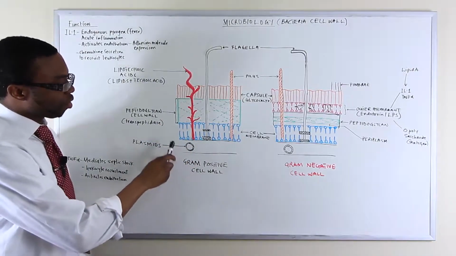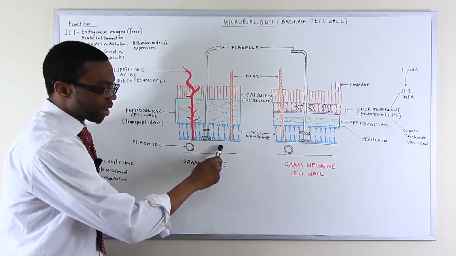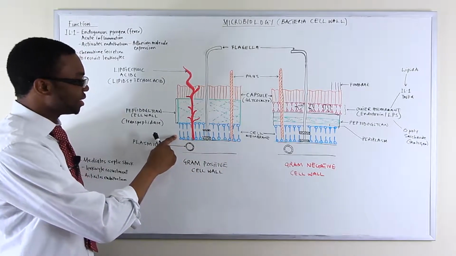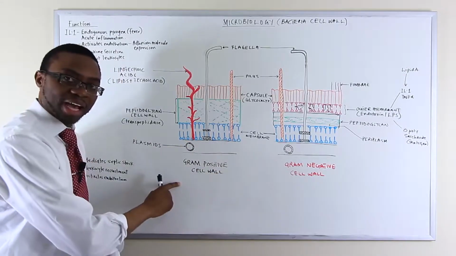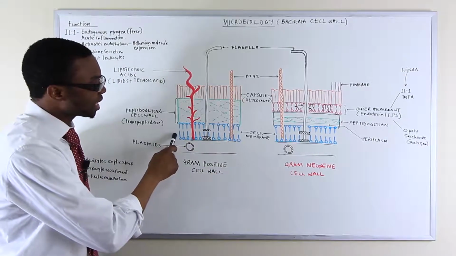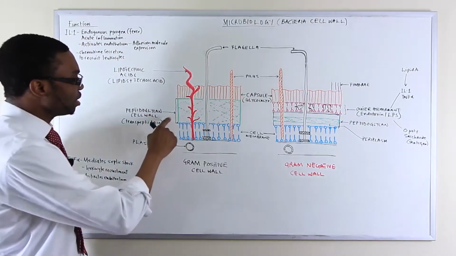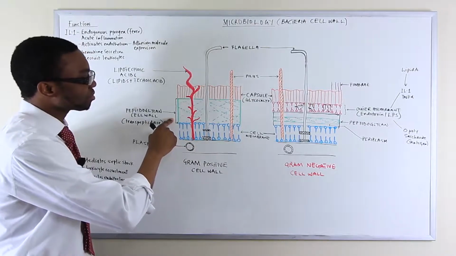On the left side of the board, this is the cytoplasm of the bacteria, and this is the cell membrane that covers the cytoplasm. As you can see, the cell membrane has a thick, huge layer of peptidoglycan that sits right on top of it.